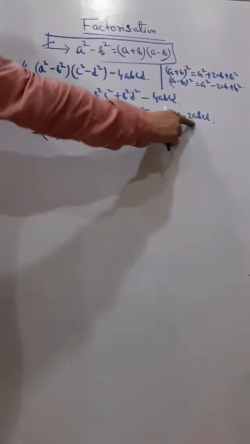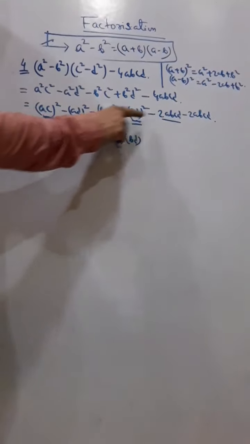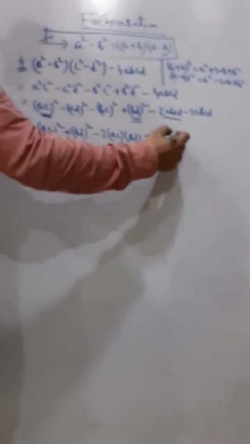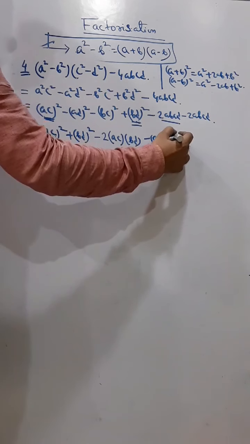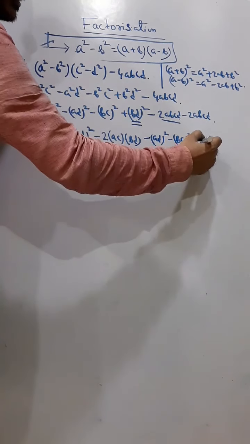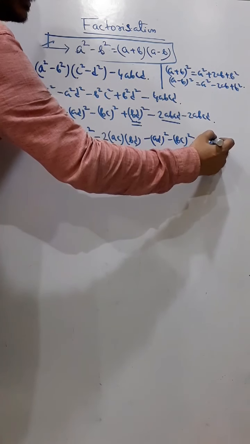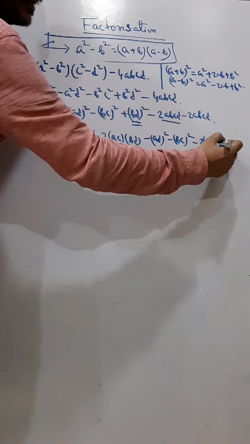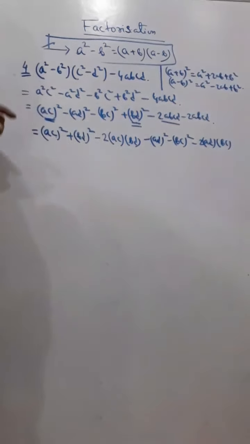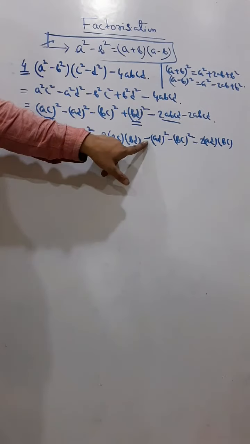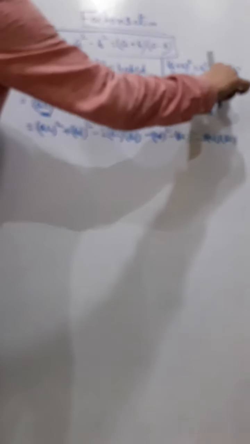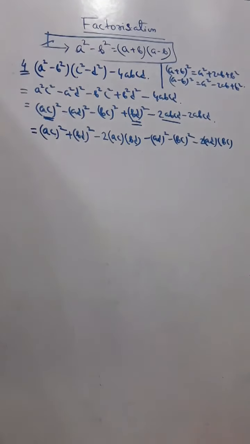Now these three are left, and in these three you see all are minus: ad square minus bc square minus 2, you can write in this way, ad and bc. But still you have minus, so at the next line you can take minus common, and then all the signs will become plus, and it will come in the format a square plus 2ab plus b square.